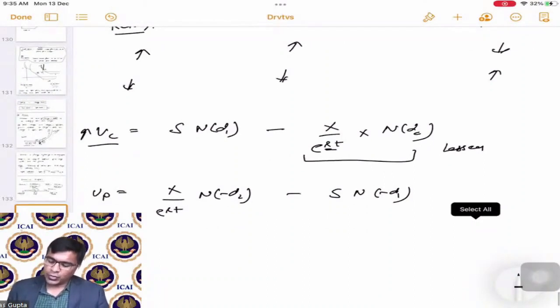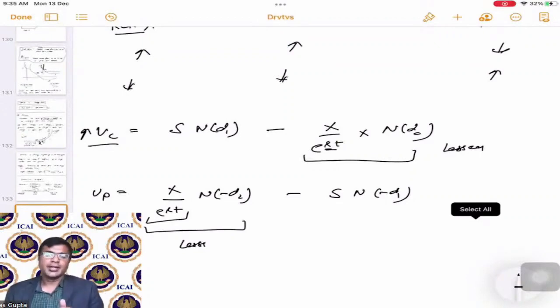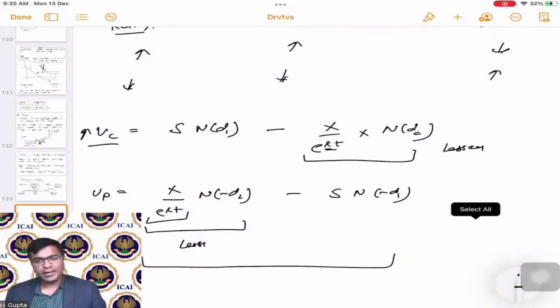Similarly, in case of a put option, a higher rate of interest will mean that this first part of the equation will be lesser. If it is lesser, that means the entire value of put will also be lesser, correct? Okay.